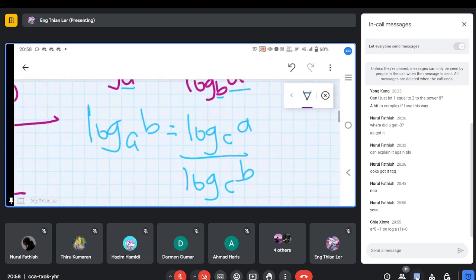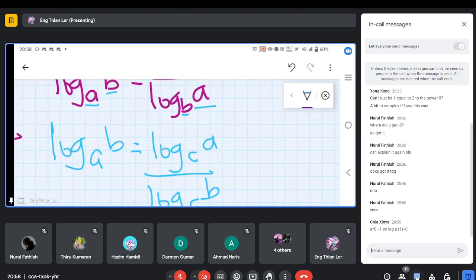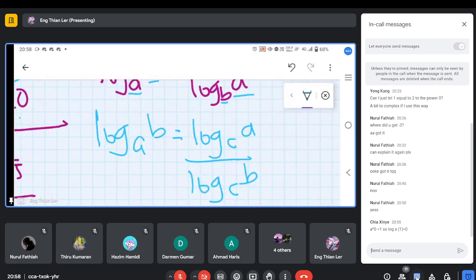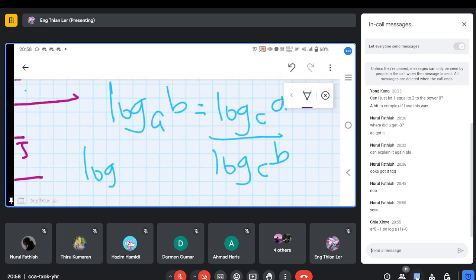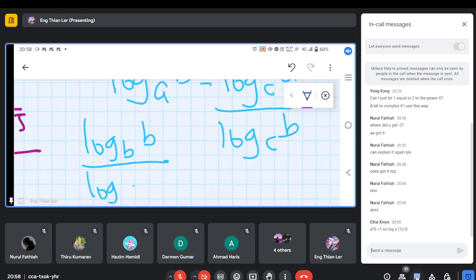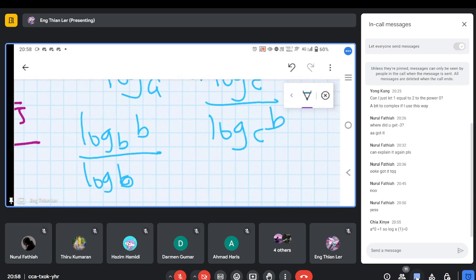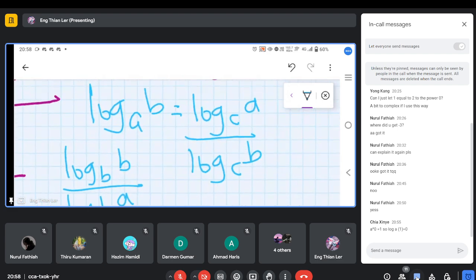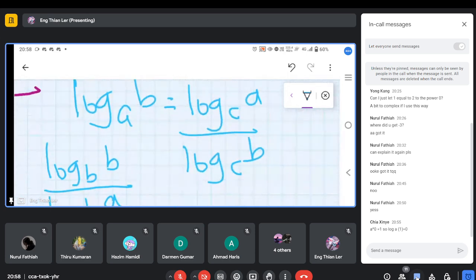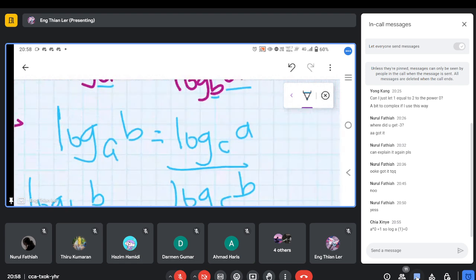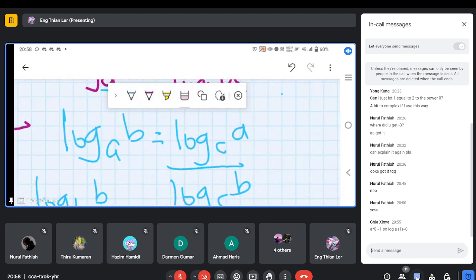So I want to change log base a to log base b, so log base b of b divided by log base b of a. Am I correct? I think it's b first, not a first. Why do I always write this incorrect one?